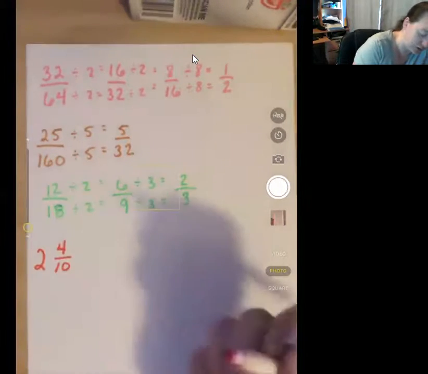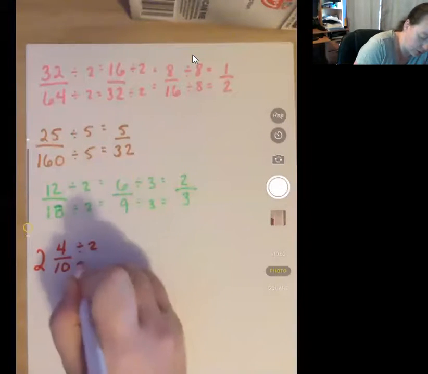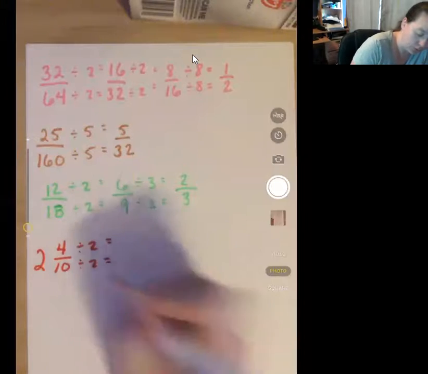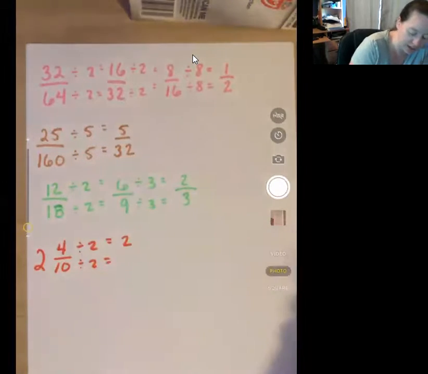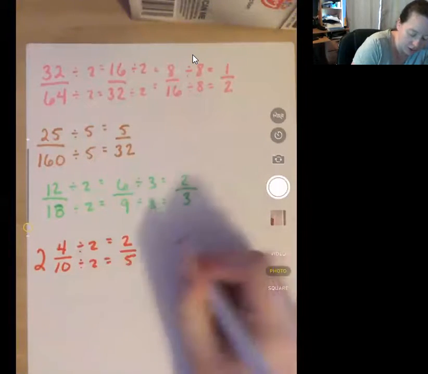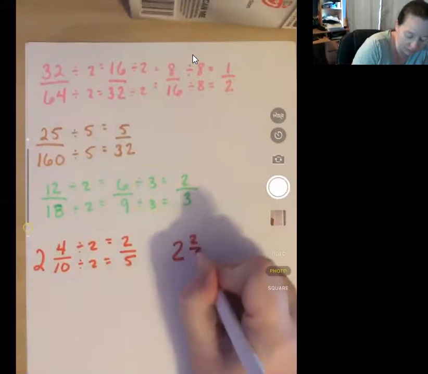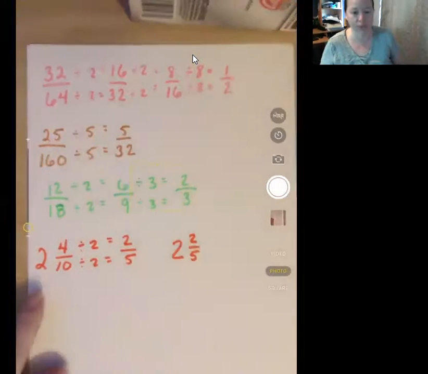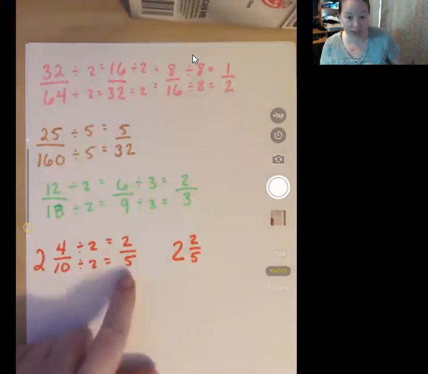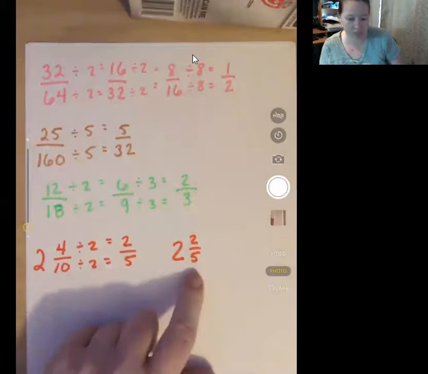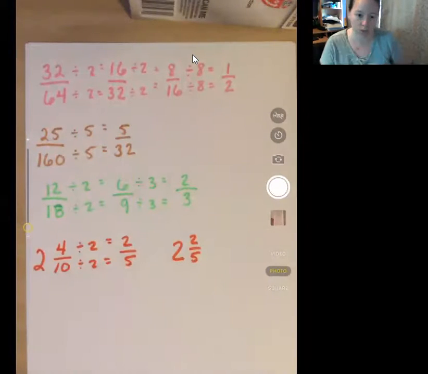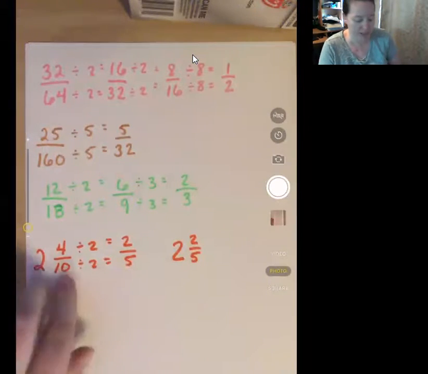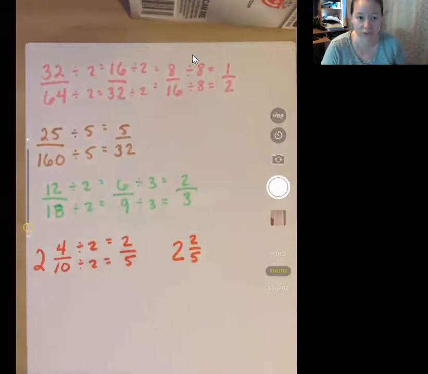You still ask yourself, what can I take out of there? Go, oh, I can take out a 2. 4 divided by 2 is 2, and 10 divided by 2 is 5. Then you rewrite the problem with the whole number in the front and your reduced fraction following it. So 2 and 4/10 becomes 2 and 2/5.